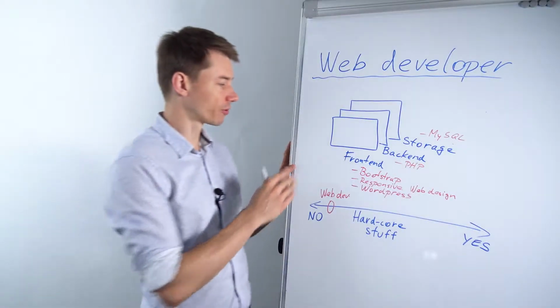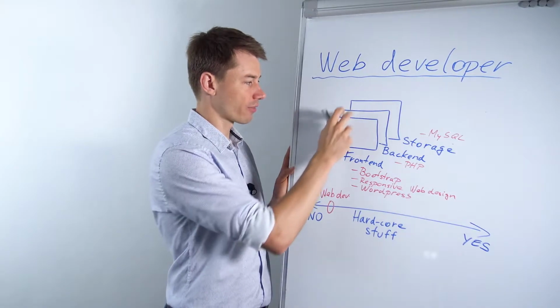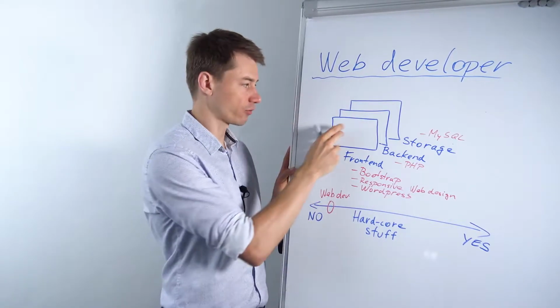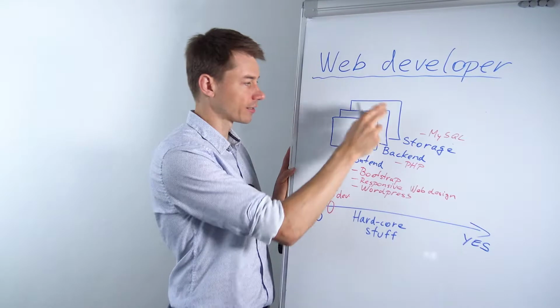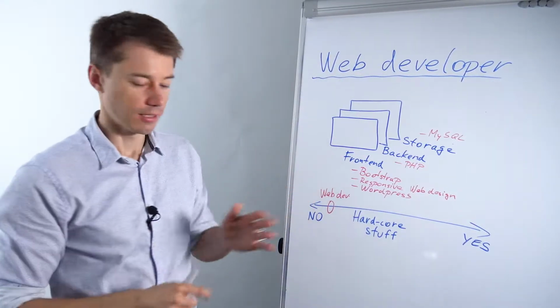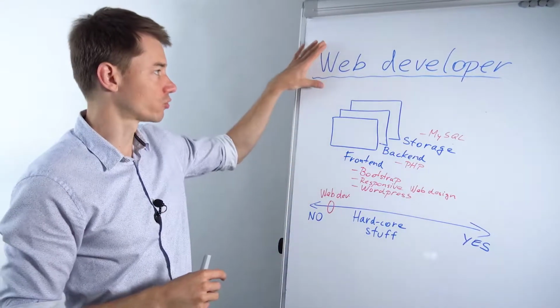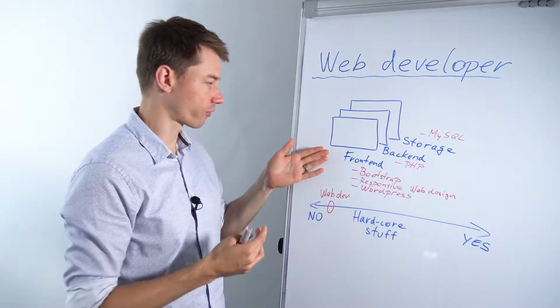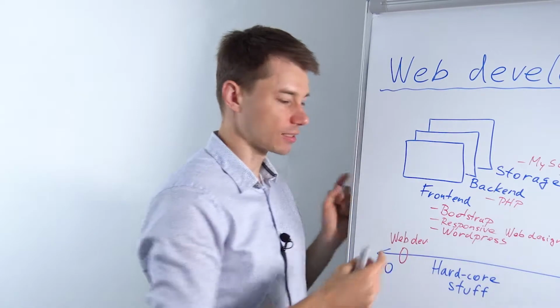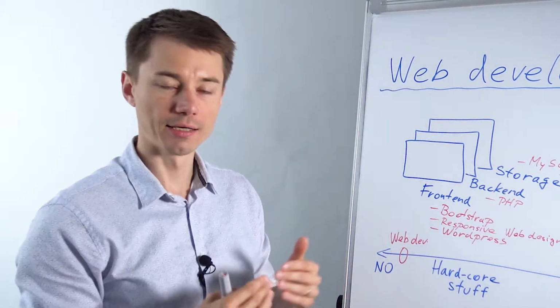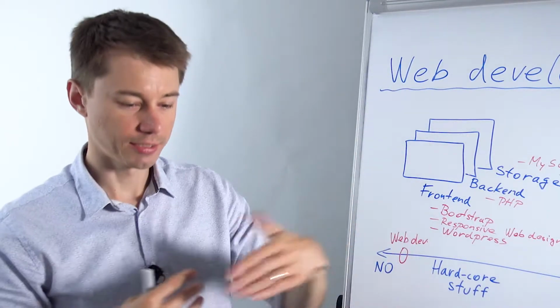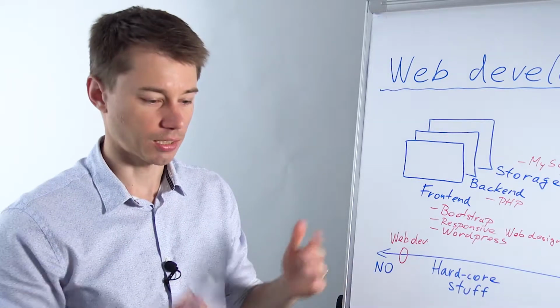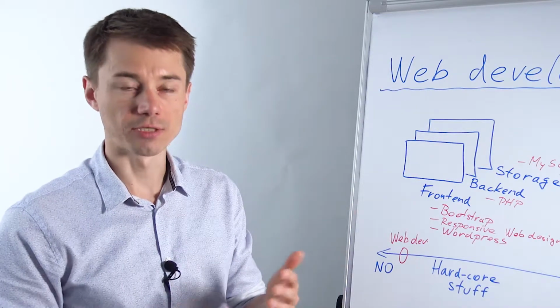Looking at a web developer, again, let's imagine the three IT layers, okay? The three IT layers are front-end, back-end, and storage. Front-end, in relation to web development, could be a website. Back-end could be some API that the front-end is communicating with, or just a back-end service.